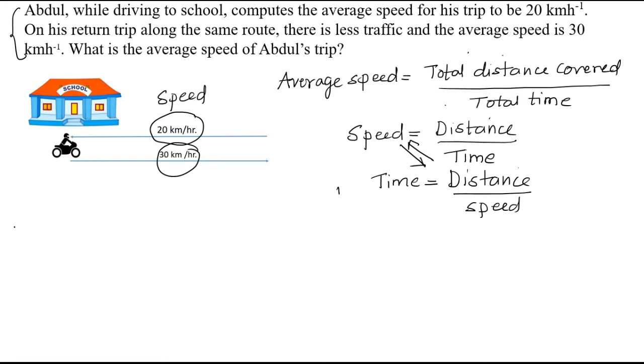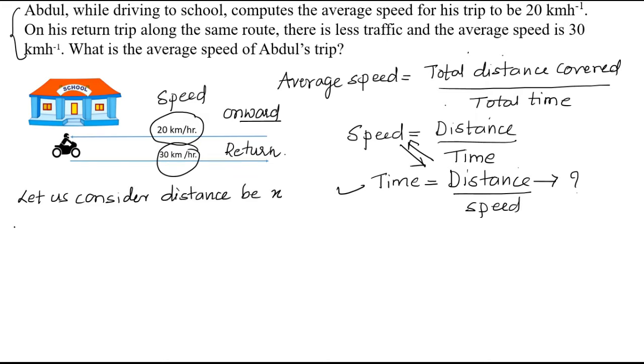So by using this formula, we can find the time during the onward journey, onward meaning to go from home to school, and even the time required for the return journey, but we require distance.